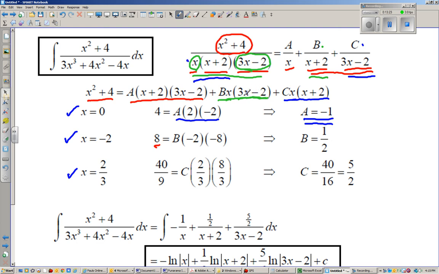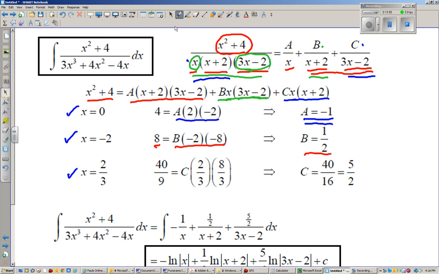Negative 2 in the middle term produces b times negative 2 times a negative 8. And if you put negative 2 in this third term, well, it goes away because negative 2 plus 2 makes for a 0 factor. So you end up with negative 8b equals 8, positive 16, I don't know how I got negative 8, positive 16b equals 8. B must be a half, right?